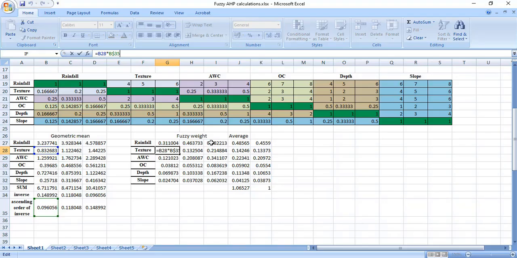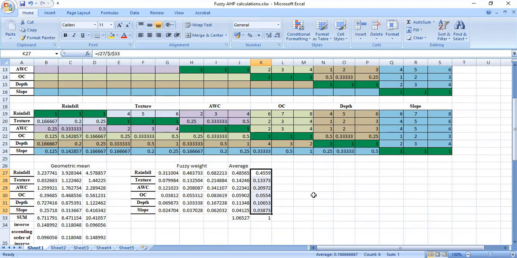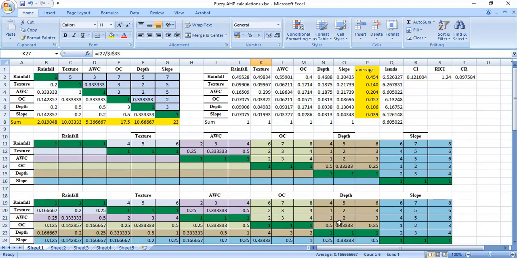So you have to do it for all 3 and then take the average of all these 3 weights. If you sum it up, it may exceed 1, so we have to normalize it. We just divide the first cell by the sum. So this will be our final weight. You can compare with the earlier one.